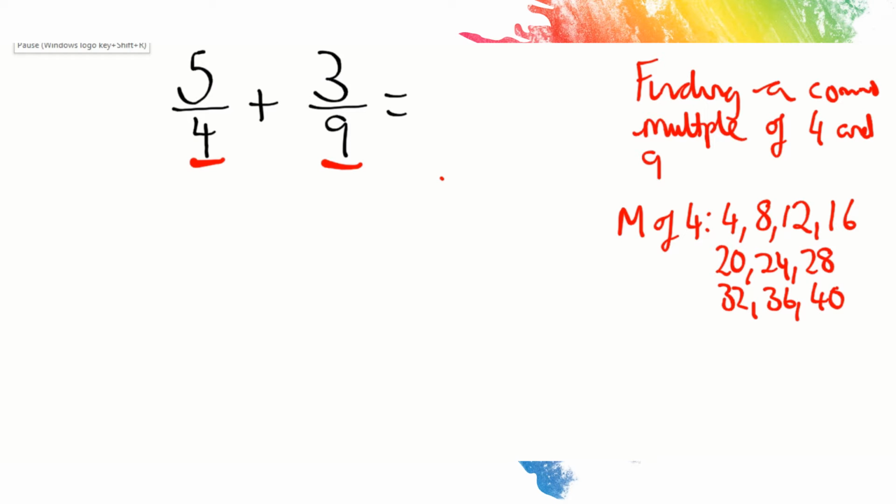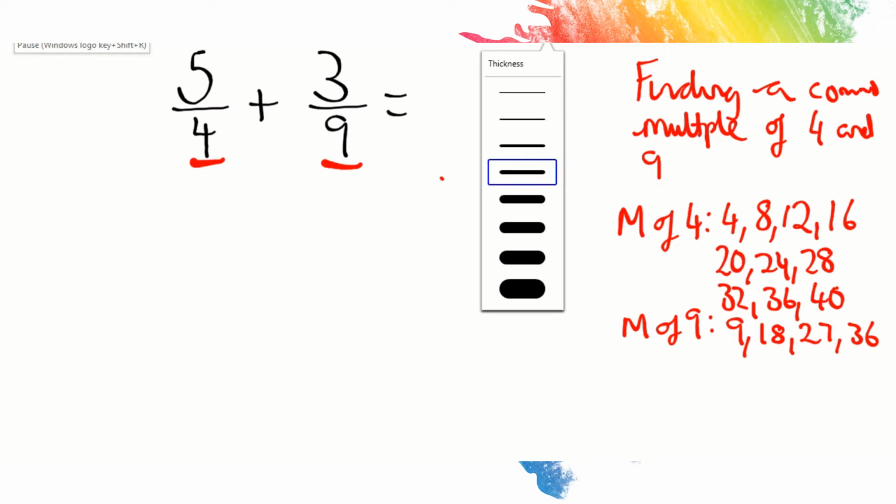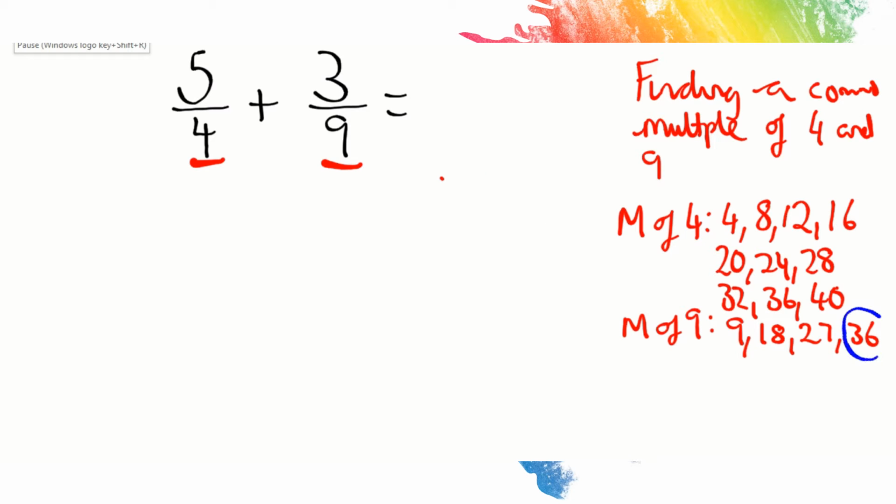I could go less if I wanted. Then I'm going to do the same with my multiples of 9. So we have 9, 18, 27, and 36. Wow, I'm going to stop because what I have noticed is that in both multiples times tables I have 36.